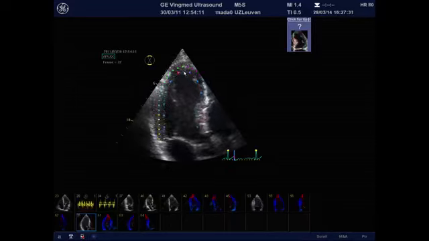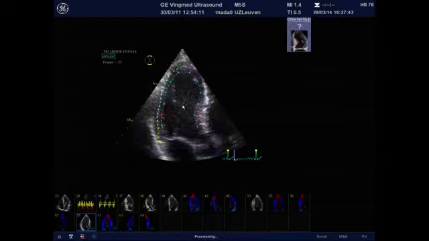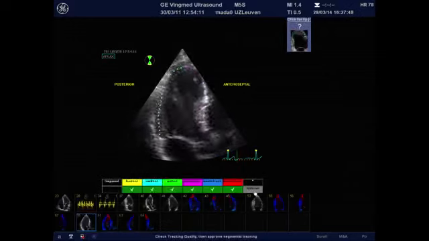We get an initial suggestion of the myocardial contour, which we actually do not need to modify too much in this example. And we see a good tracking result, which we can approve as it is.